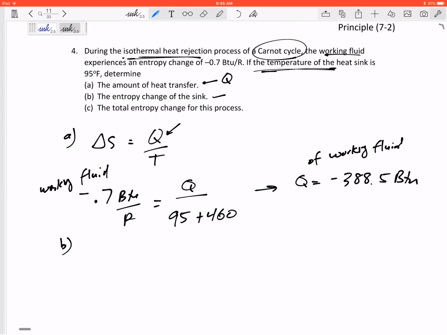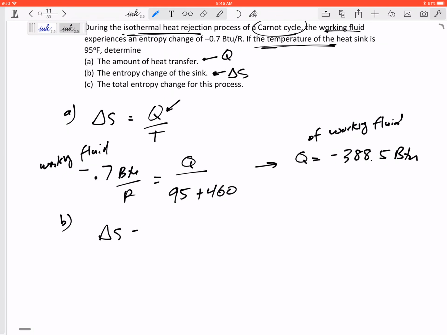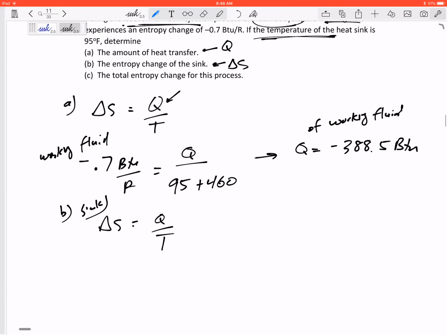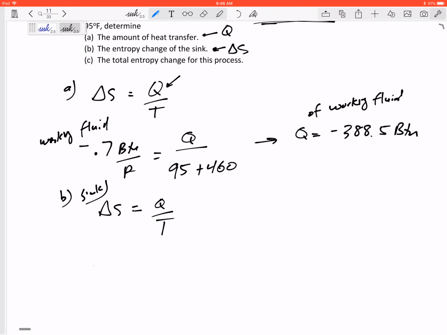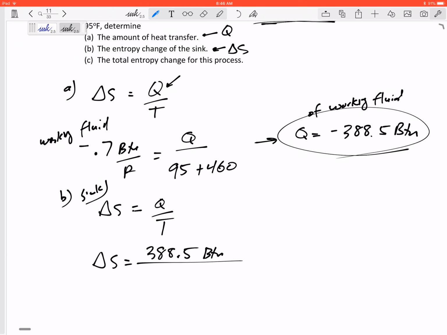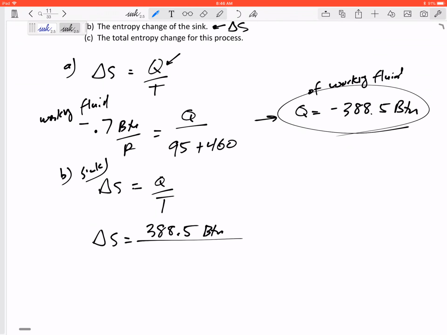All right, now let's find the entropy change of the sink. So delta S is Q over T, but now we're looking at the sink. So looking at the sink, we're trying to find the entropy change. The Q that the working fluid gives off is the Q that enters the sink, 388.5 BTU, but now it is positive.